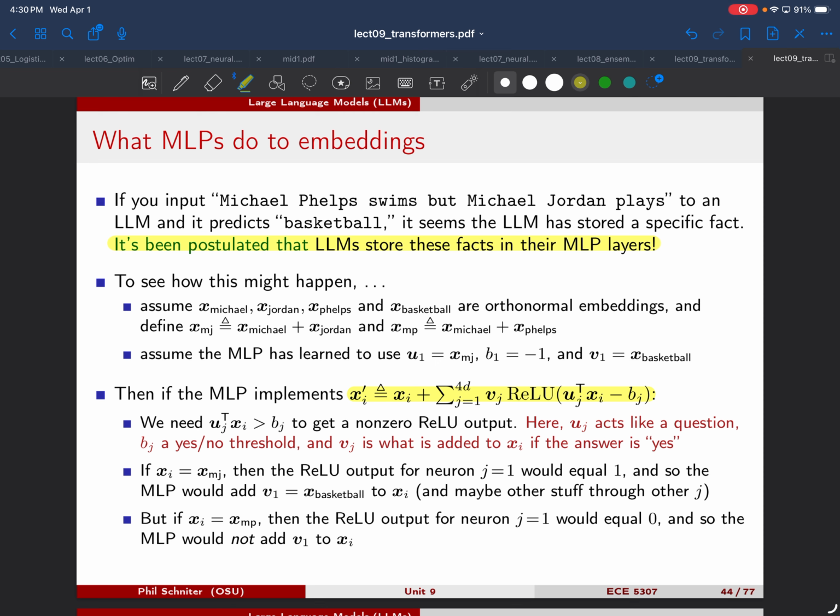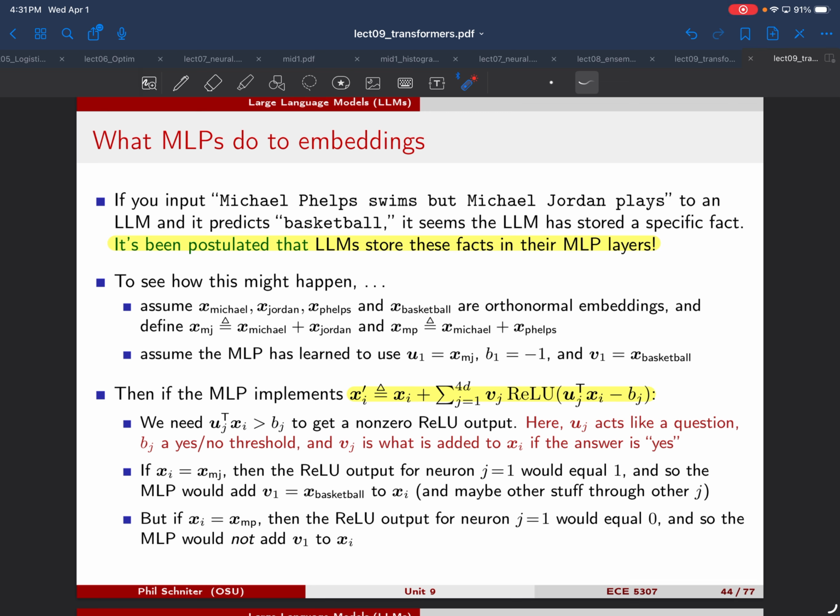So for example, let's say that the embeddings for Michael, we'll call it X Michael, for Jordan, for Phelps, and for basketball are all orthonormal, meaning that at the beginning, these things really have nothing to do with each other. They're just mutually orthogonal concepts.